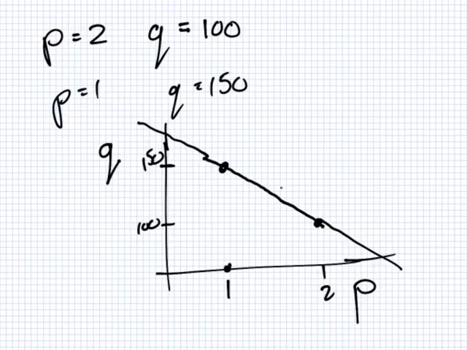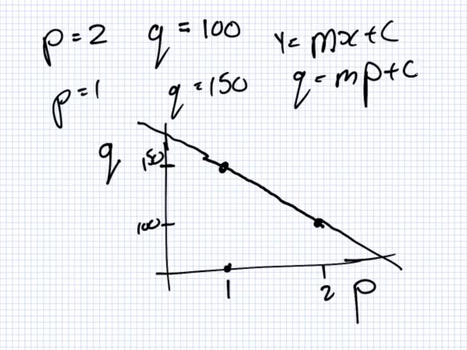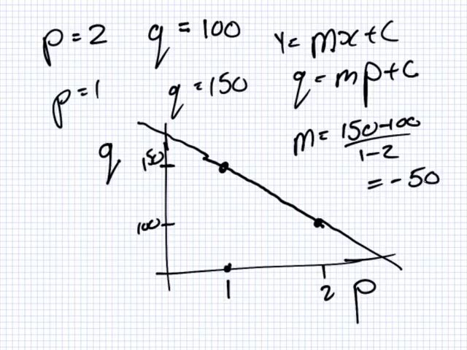Let's find the formula for this relationship. We can use y equals mx plus c. In this case, it'd be Q equals mP plus c. How can I get the m? You get y2 minus y1 over x2 minus x1. m is 150 minus 100 over 1 minus 2, so m is minus 50.